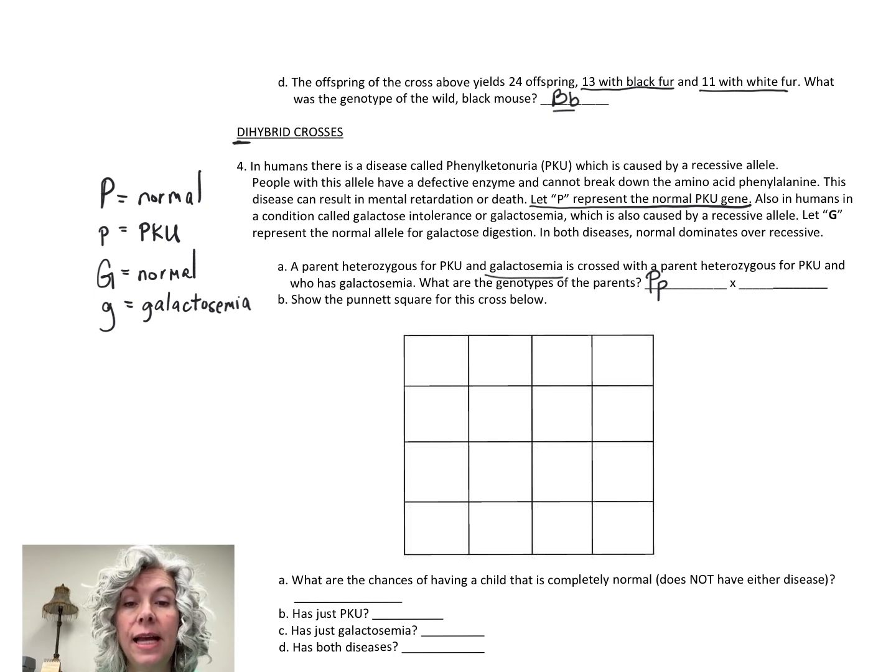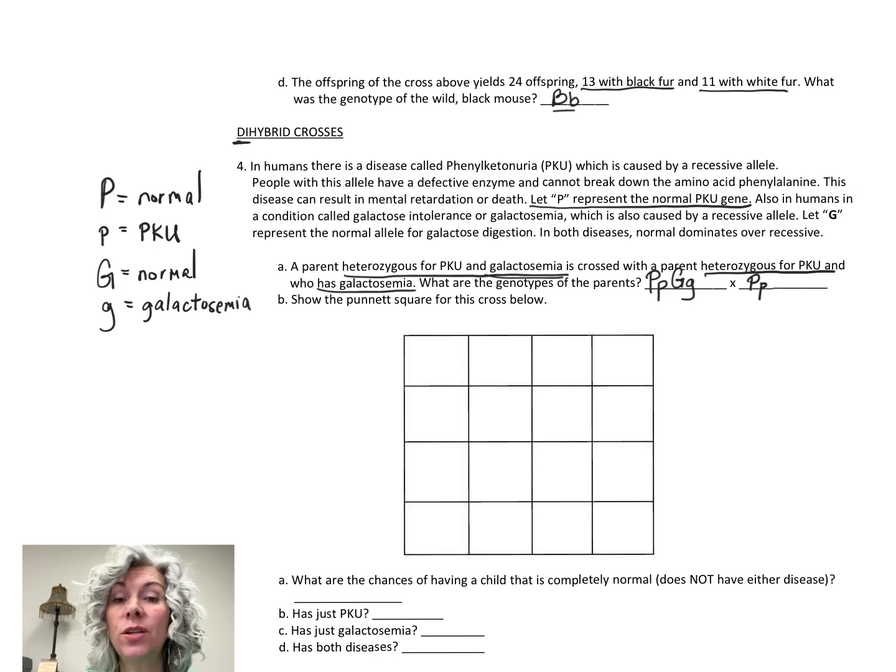And galactosemia, so heterozygous for both, this one's going to be big G, little g. There's one parent, heterozygous for PKU and galactosemia. It is crossed with a parent heterozygous for PKU again, which would be capital P, lowercase p, and who has galactosemia. If they have galactosemia, that's lowercase g, so if they have it, it's got to be 2 little g's.